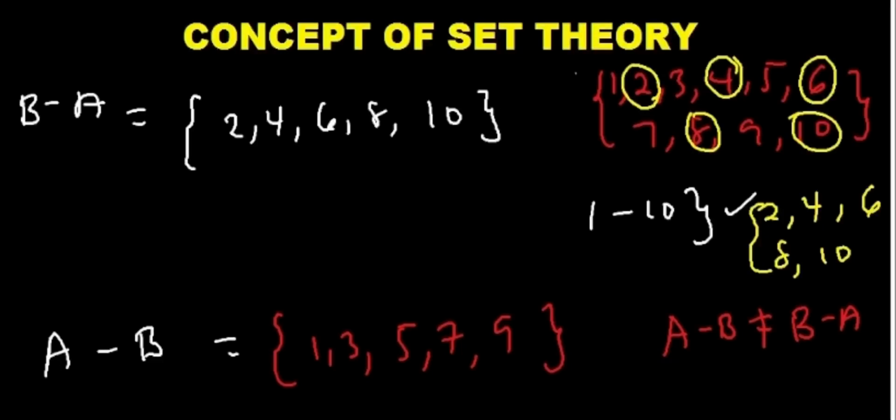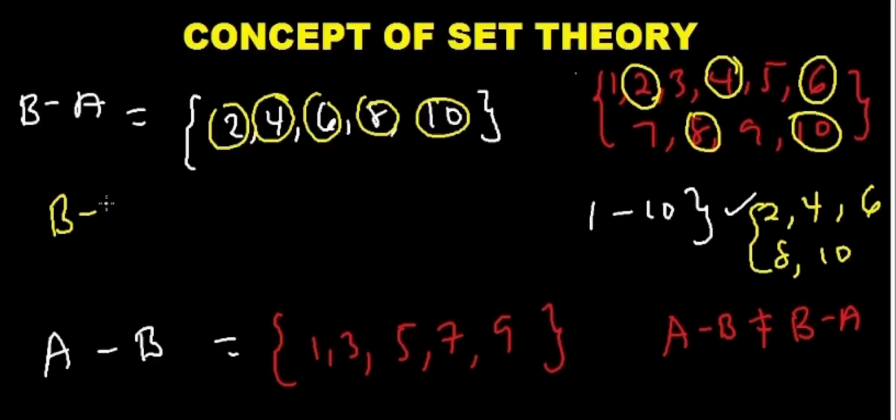So let me remove those that belong to A. 2 belongs to A. Okay, this, and this. In fact, everything belongs to A. So B minus A is equal to the empty set.